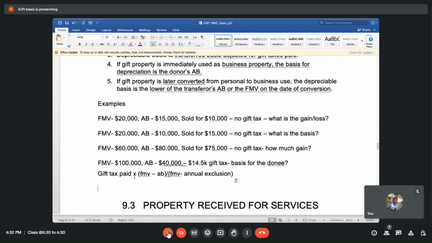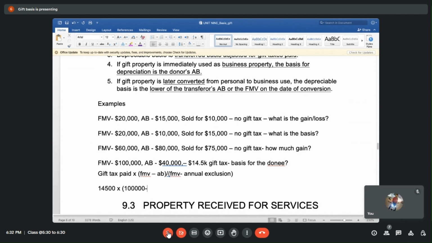What is the gift tax paid? 14,500. Okay. Times, what are they saying? Fair market value. What is the fair market value? 100,000.